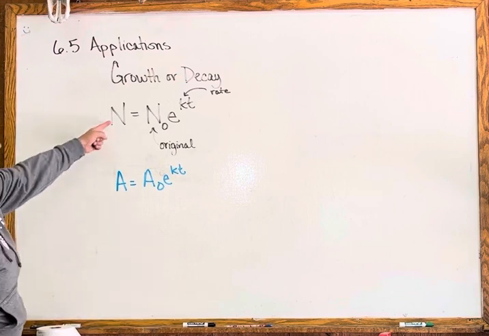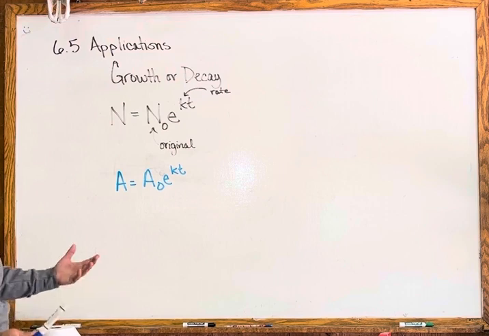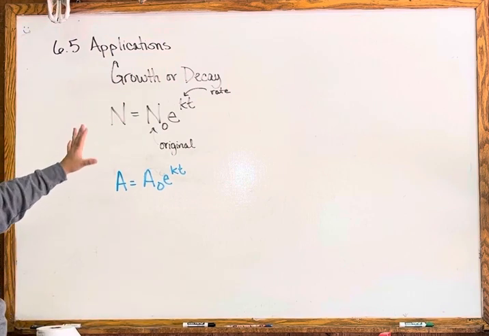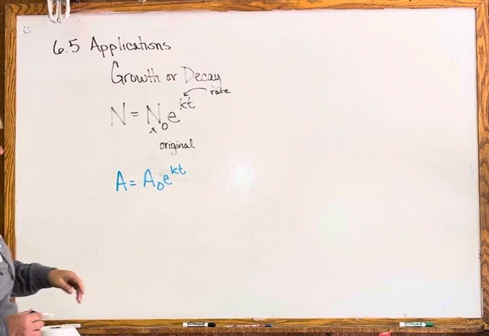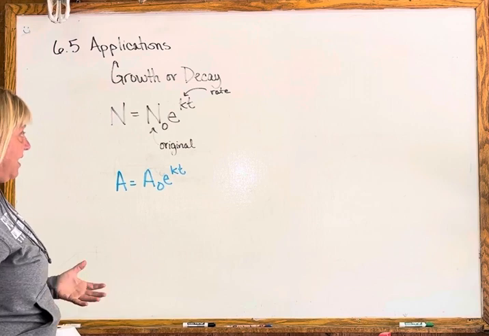All right, N, it doesn't matter. It doesn't matter if you like C, I guess you could use C. But anyway, it's common to see these two letters. Just depends on who your teacher is and who's teaching you. But pretty much always the K will be there, standing for the rate.